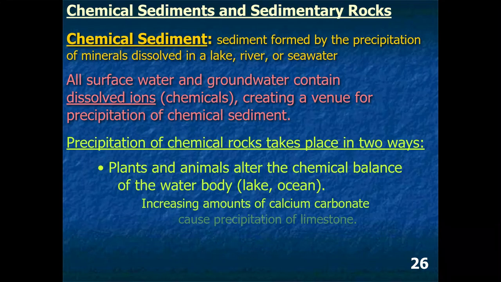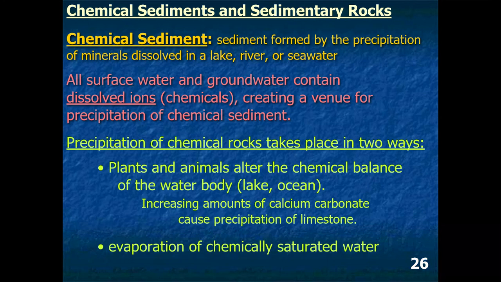The other way that chemical sediments can turn into sedimentary rocks is through evaporation of chemically saturated waters. We'll do an example here in a second, meaning that if you have a body of water that's got various ions dissolved in it, as this water body is evaporated, the concentration of ions gets higher and higher.